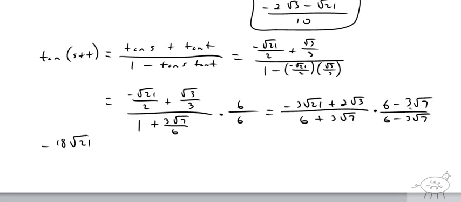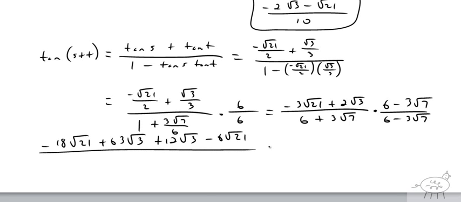So 9, so plus 63 root 3. I hope you see that, because I have 3 times 3 is 9, and then 7 times 21, I can take a 7 out of there. So 7 times 9 is 63, and I have a 3 left over. Okay, and then inside is plus 12 root 3. And last is minus 6 root 21, all over 36.